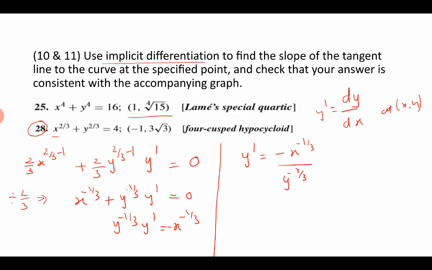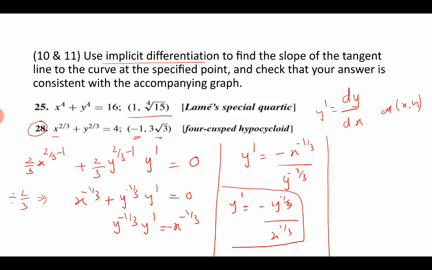When you flip the terms, the powers will be positive. It will be y prime is negative y to the power 1 over 3 divided by x to the power 1 over 3. This is the slope of the tangent. And now substitute the values of x and y. x is negative 1, y is 3 root 3.